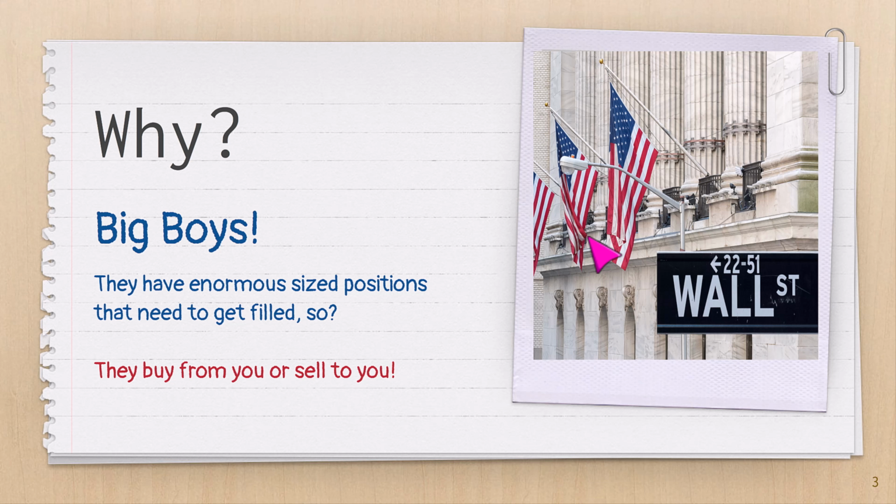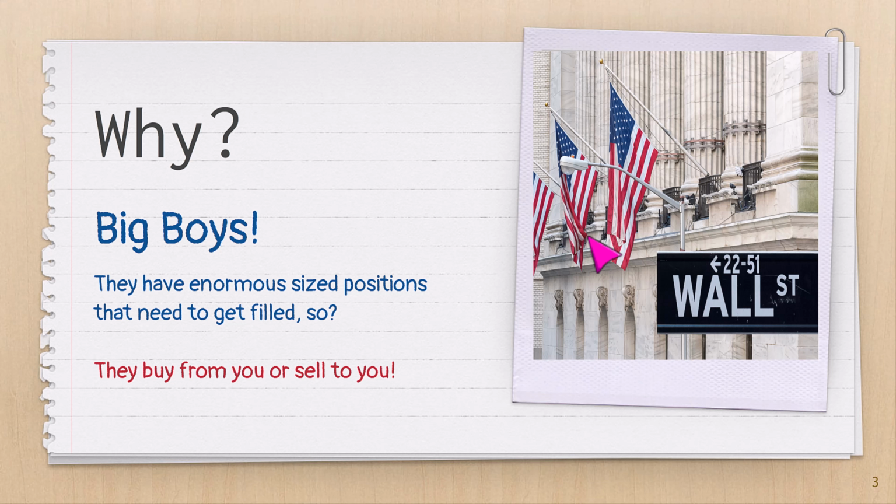Because big boys have enormous sized positions. For example, investing banks, brokers, prime brokers, and big traders, hedge funds, all those big players, they don't have one lot of trade, or they don't have $1 million in trade. They have billions of dollars in trade in these markets.